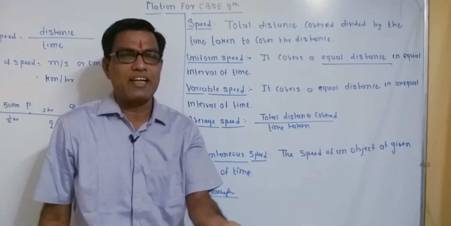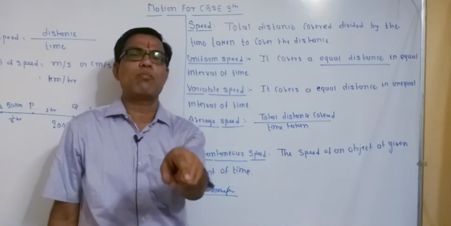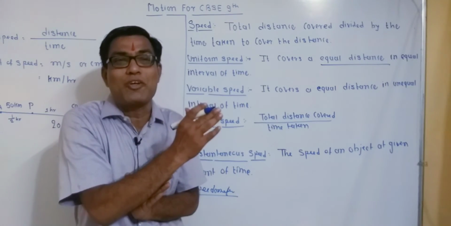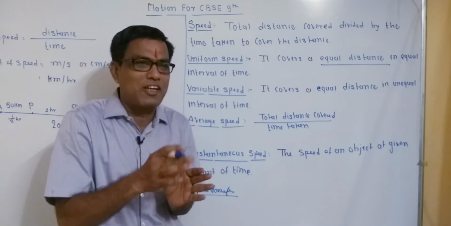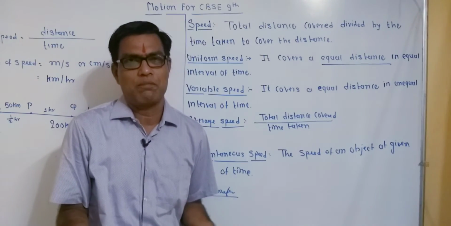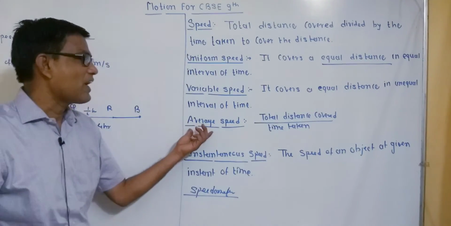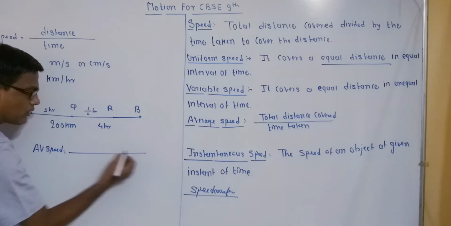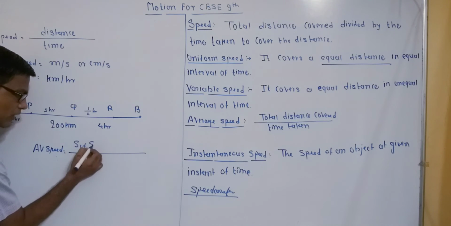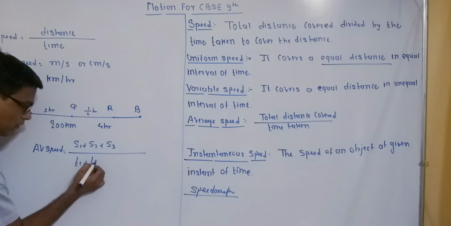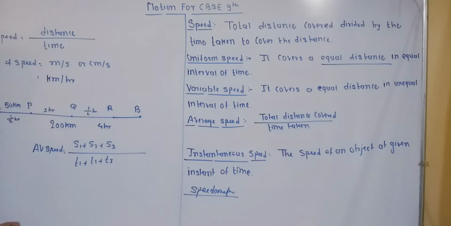That's why we can say the average speed of that bus is 50 km per hour. But it cannot constantly go at 50 km per hour. जैसे ही बस स्टैंड में से निकलते तो 50 km per hour गया, नहीं, 20, 30, 10 ऐसा स्पीड हो सकता है, right? Understand, that is the average speed. Average speed is equal to total distance, that is S1 plus S2 plus S3 upon T1 plus T2 plus T3.